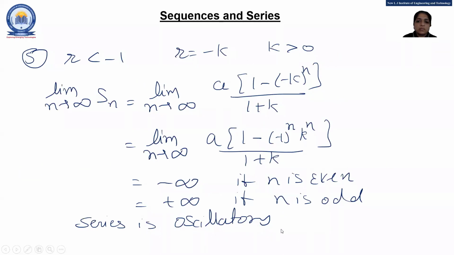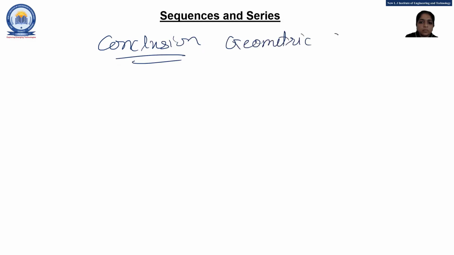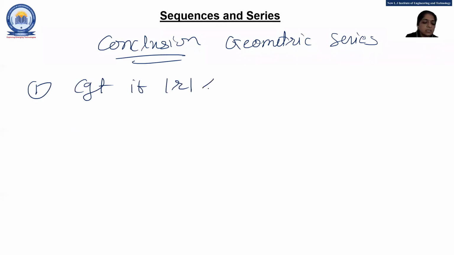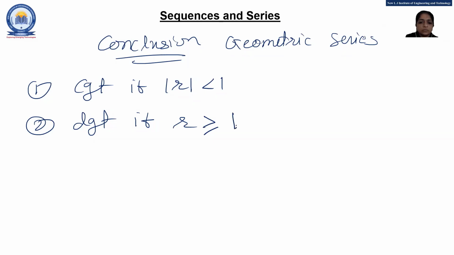So the conclusion about the geometric series. Conclusion is what? Number one, the given series is convergent if modulus of R is less than 1. Number two, the geometric series is divergent if R is greater than or equal to 1.